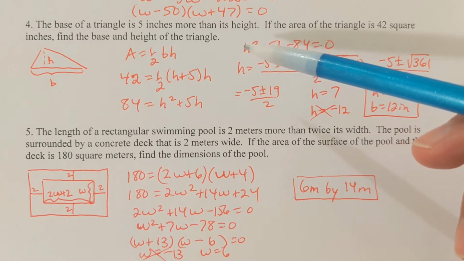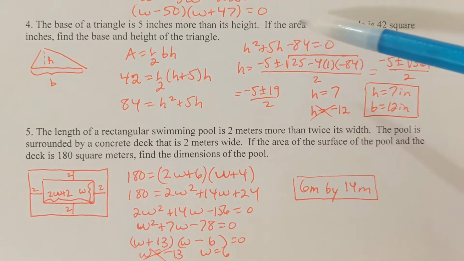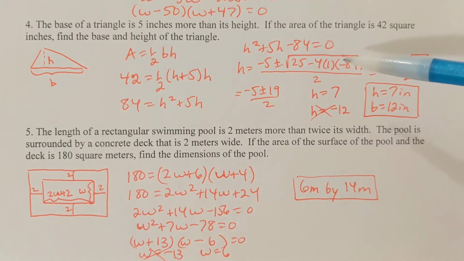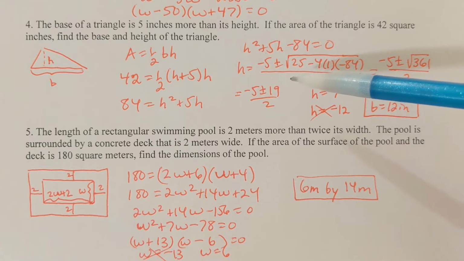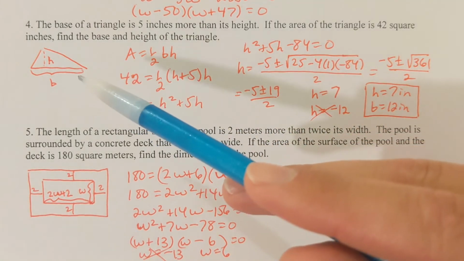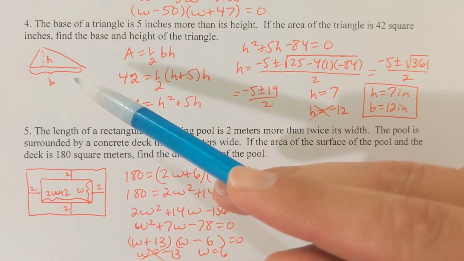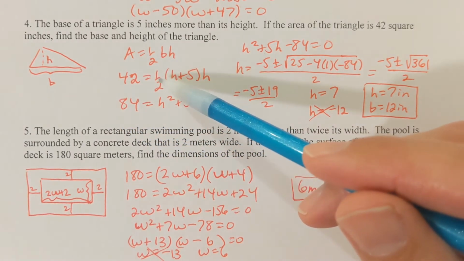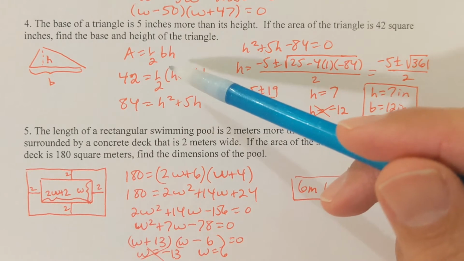The base of a triangle is 5 inches more than the height. If the area of the triangle is 42 square inches, find the base and the height of the triangle. Okay, here's a triangle. You got b is the base, h is the height. The area of any triangle is 1/2 base times height.